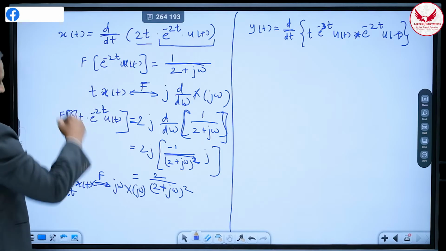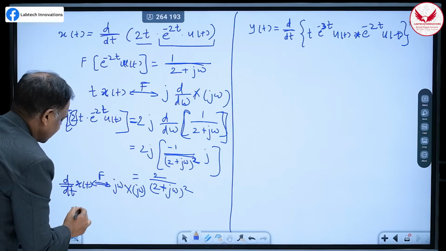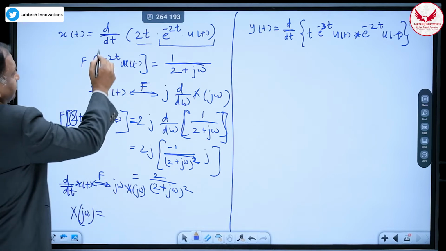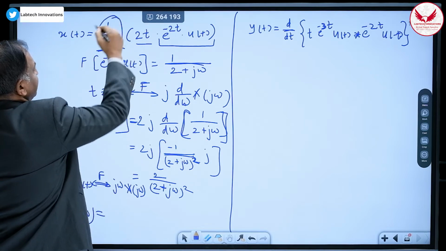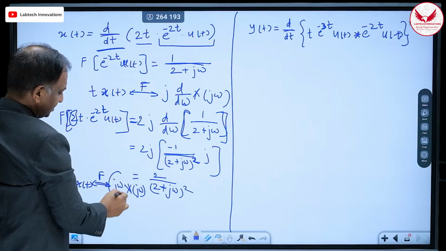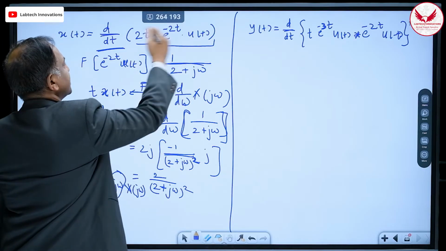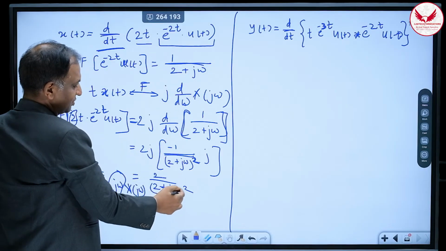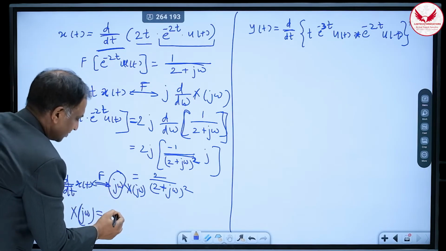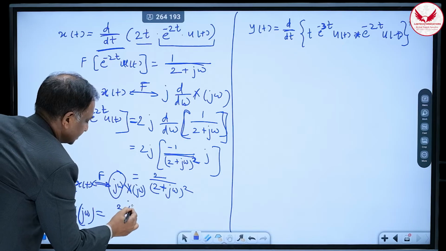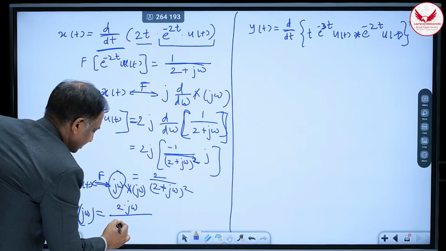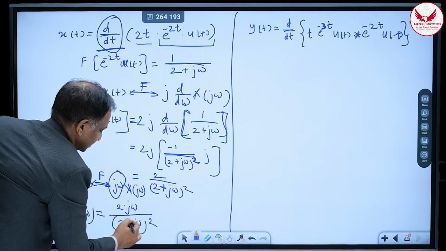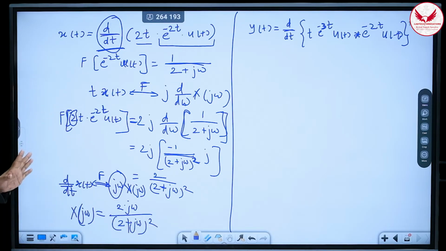So the total Fourier transform of this signal: when you are taking the differentiation, you just have to multiply the Fourier transform of this signal by j omega. The Fourier transform of this signal is 2 upon (2 plus j omega) square, so it is equal to 2 into j omega divided by (2 plus j omega) square. It is the Fourier transform of this signal.